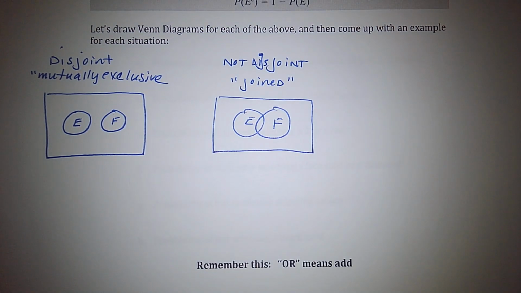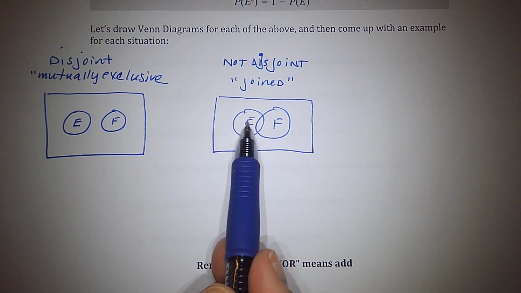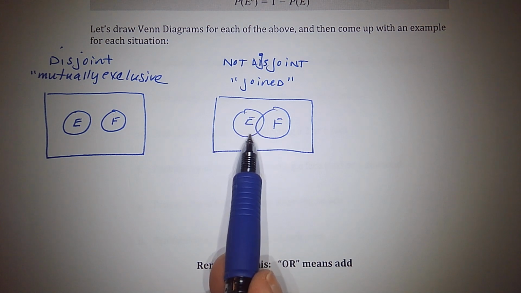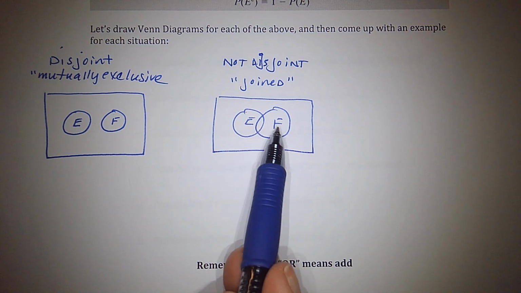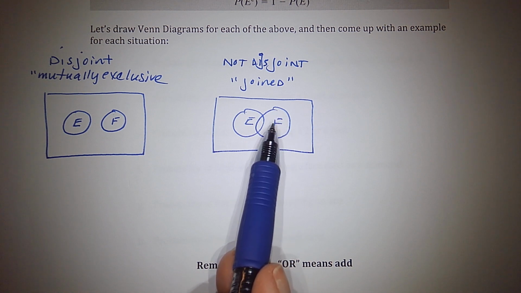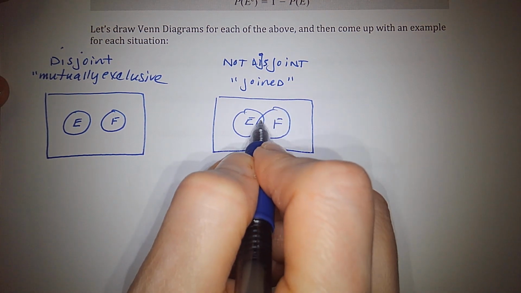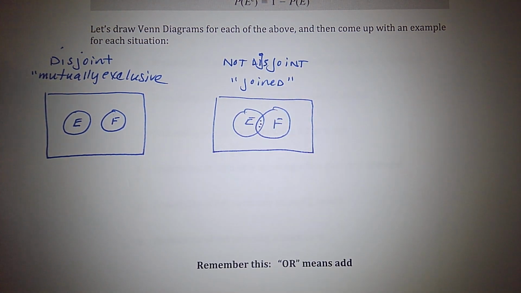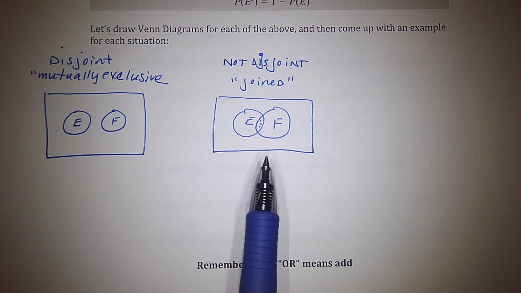An example of this would be, okay, everybody in the E group is in statistics. Everybody in the F group is taking advanced physiology. There might be some students that are taking both classes at the same time, and that is possible. So that's an example of objects that would be not disjoint.